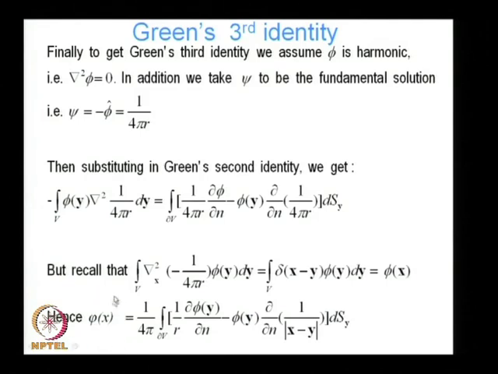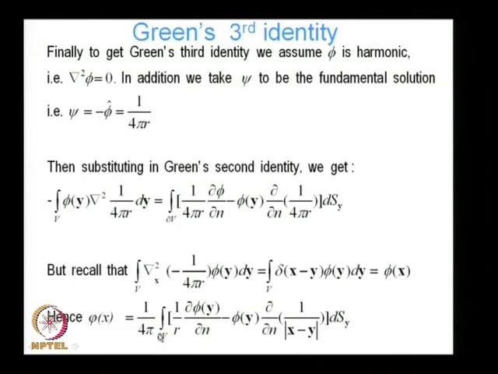On the left hand side I have phi of x, and that is equal to 1 by 4 pi times the integral of 1 by r del phi del n minus phi y del n 1 by mod of x minus y, where I have replaced r by mod of x minus y, and I have pulled my 4 pi outside the integral.